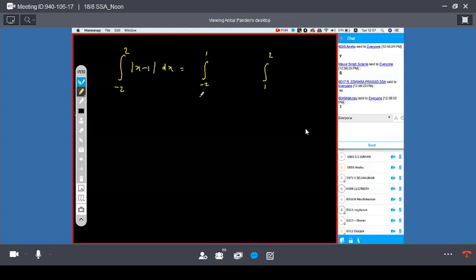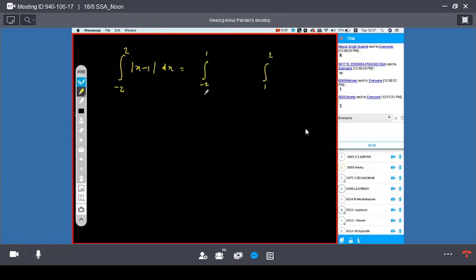Quickly calculate the integration. 3 got by Abhinav. 5, Anshu is like 5.